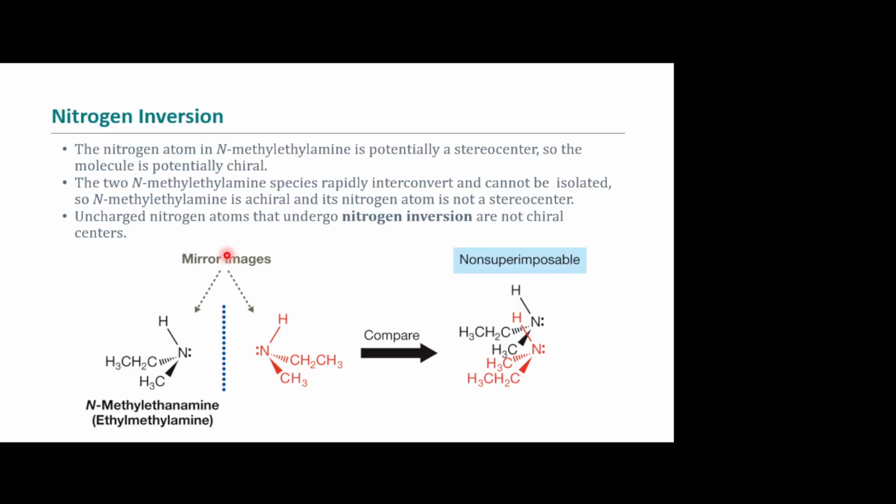So they can just interconvert between the 2 possible, what would have been your enantiomers, right? Your mirror images that were non-superimposable. Okay? And yeah, they can have mirror images that are non-superimposable, but the problem is that they would interconvert at room temperature all the time, and so they just aren't fixed that way at all. Okay? These would actually be 2 different conformations of this. And so nitrogen inversions, these are not chiral centers because they can interconvert all the time. Unless you have an actual bond on that 4th position, it's not going to be a chiral center.